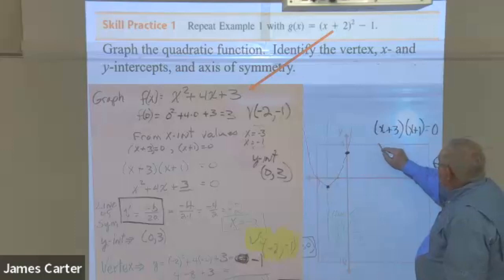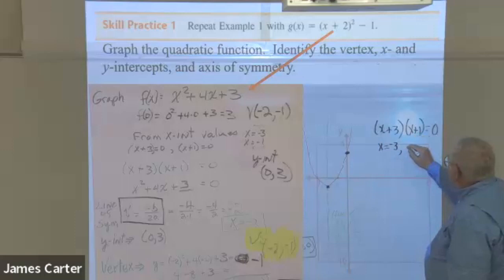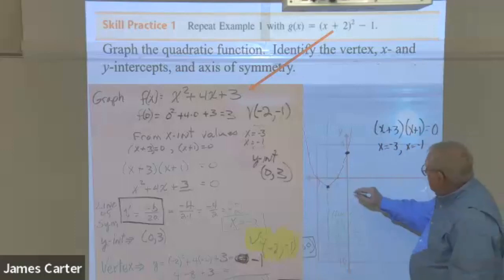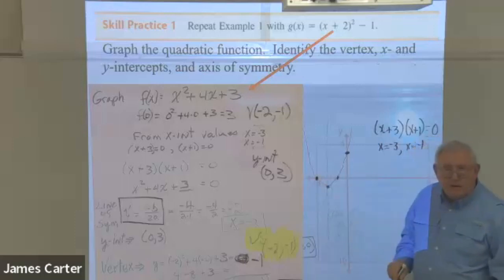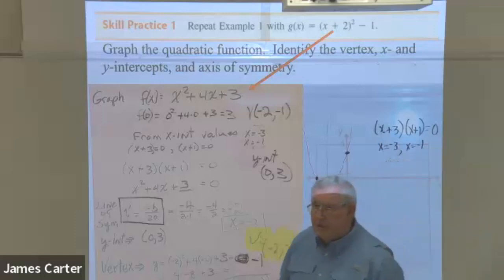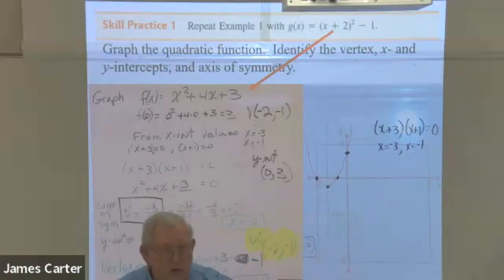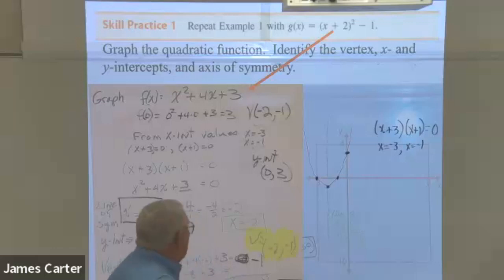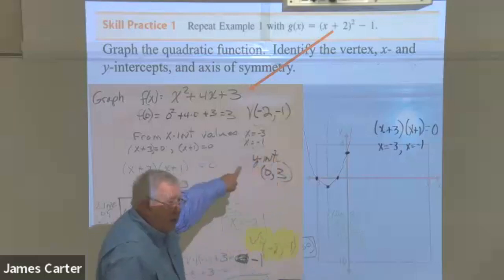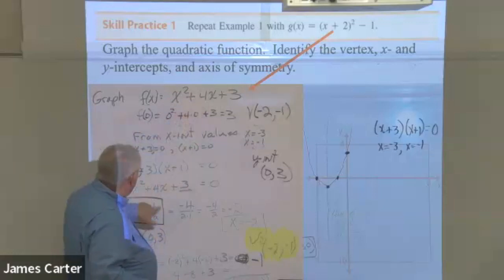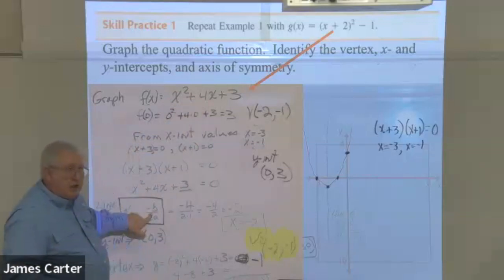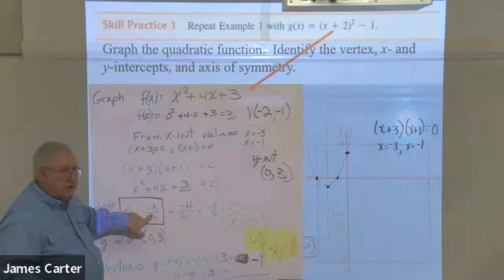If that's true, then this gives me a value of -3, and this one gives me a value of -1. And there's our graph. Okay? So you can totally do it from vertex method, or you can totally do it from this one. This one's a little harder, maybe, because you got to go through this -b/2a distance first.